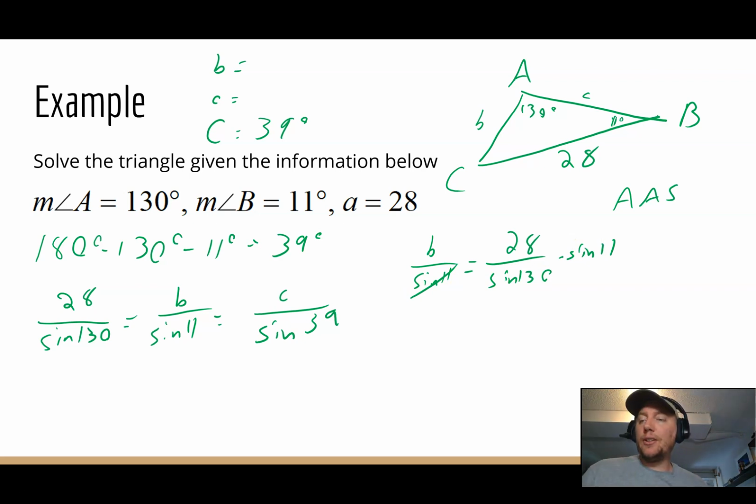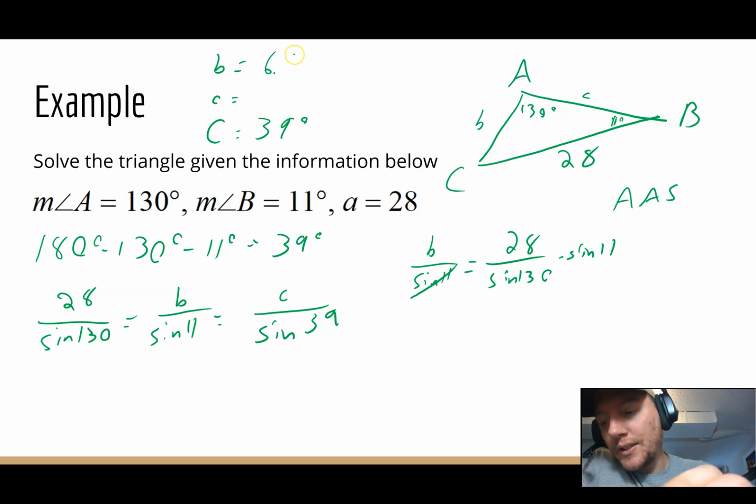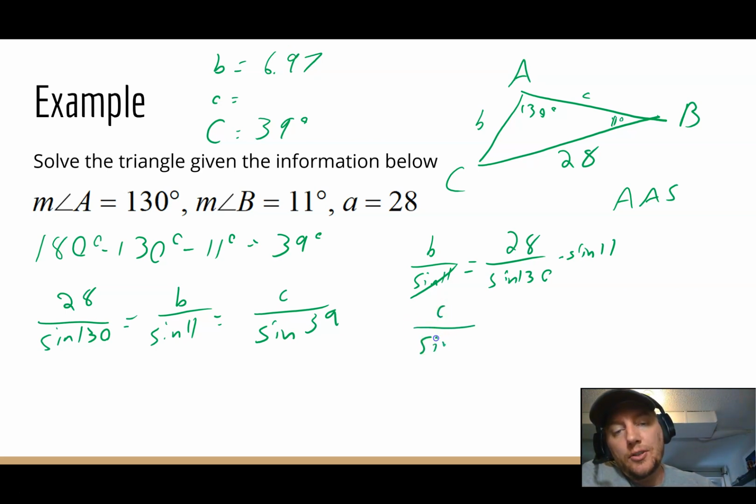Let me pull out my calculator. 28 times sine 11 divided by sine 130. I get little b is 6.97. Same thing with little c. Little c over sine C equals 28 over sine 130.